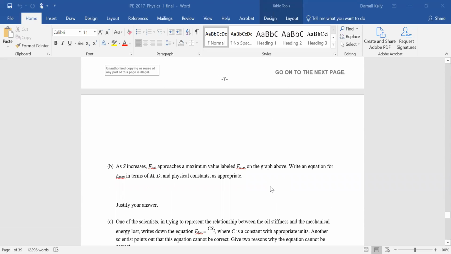As S increases, the thickness of the oil, E lost approaches a maximum value. Write an equation for E max in terms of m, d, and physical constants as appropriate. Well, friction, or the viscosity that's causing this friction in the oil, is causing a loss in the potential.